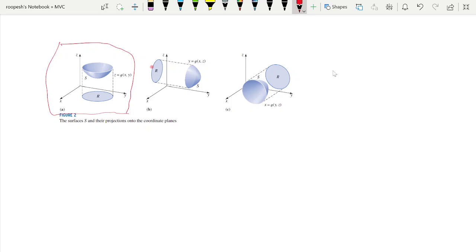Similarly, when y is given as a function of x and z, we project onto the zx plane. Whenever it is given as a function of y and z, we project onto the zy plane.